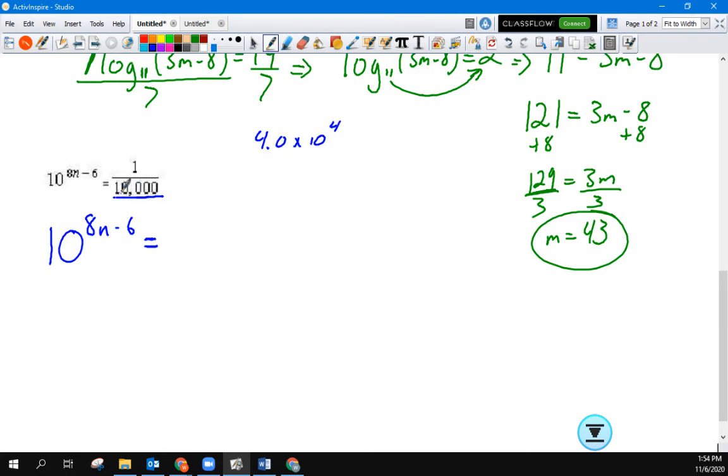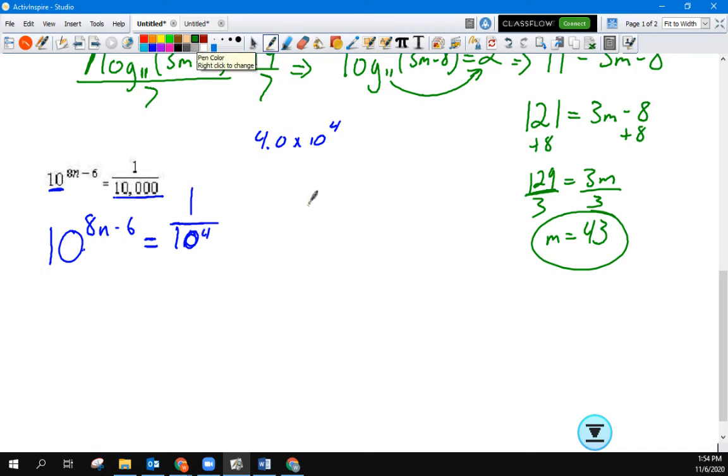Well, this is 10 to the 4th power. 10,000 is 10 to the 4th power. 10 times 10 times 10 times 10. So I rewrote it that way because I'm seeing that this one right here is base 10. If I can get both sides as 10 to some power, I can use the one-to-one property and make my life way easier. Okay, so that's the first thing I do, is I change 10,000 to 10 to the 4th.